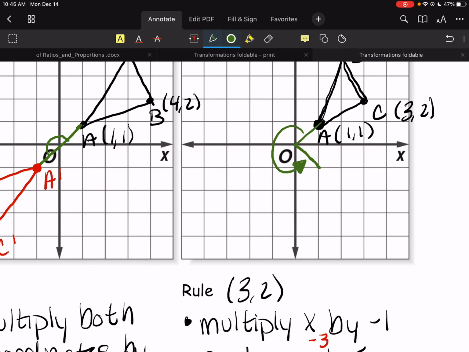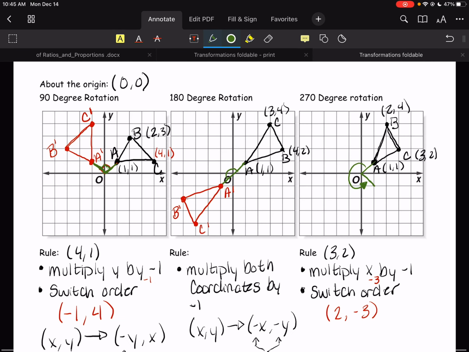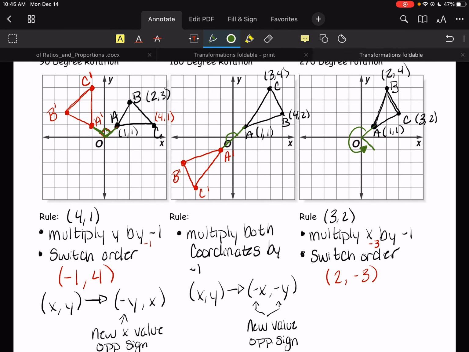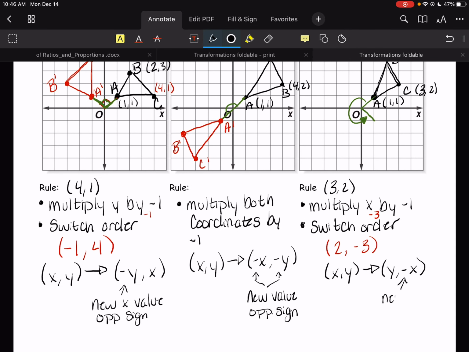So that's kind of how we're rotating this specific object, or triangle in our case. So if you're wanting to see that as we have written them before, we're doing x, y, and then making it into y, and then a -x. So again, that's just the new y is the opposite sign.